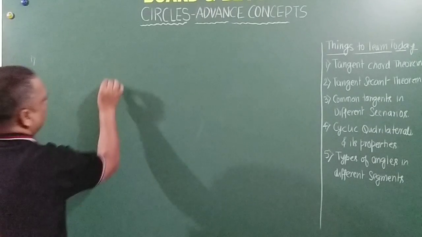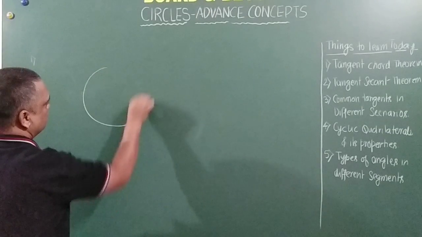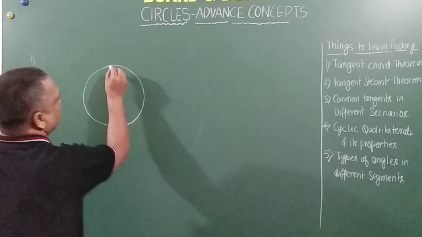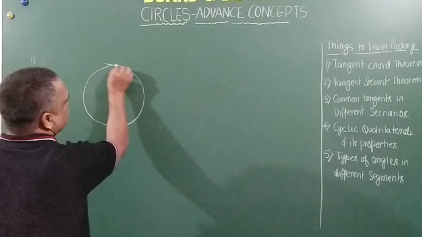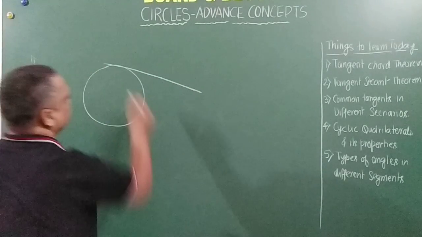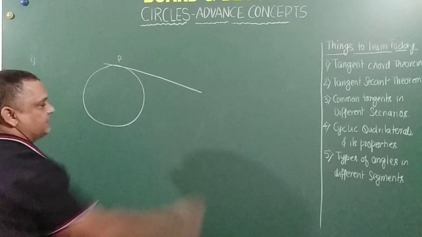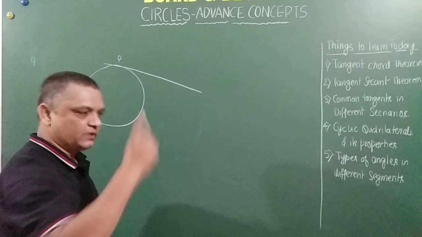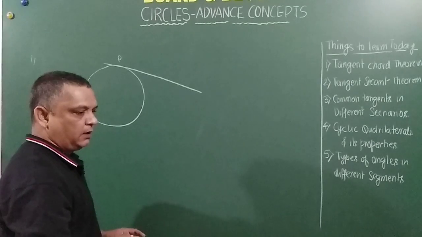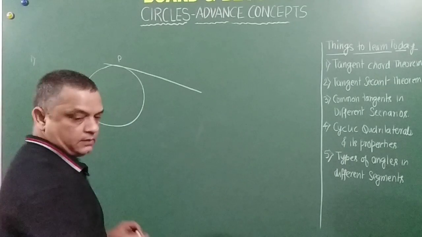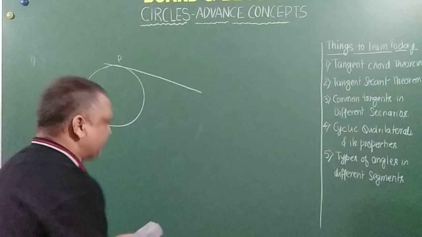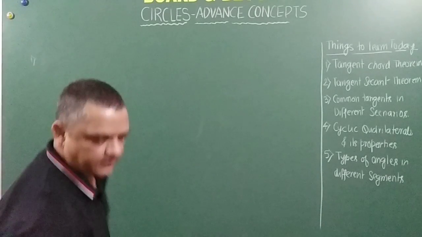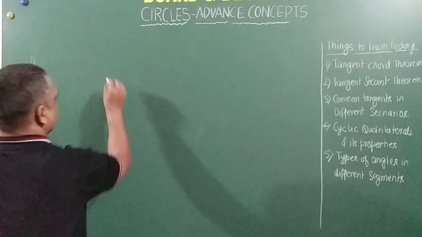Let's say there is a circle, and let's say there is a tangent drawn at this point, point P. For better understanding, let me draw it reversed, so that you can grasp it well.